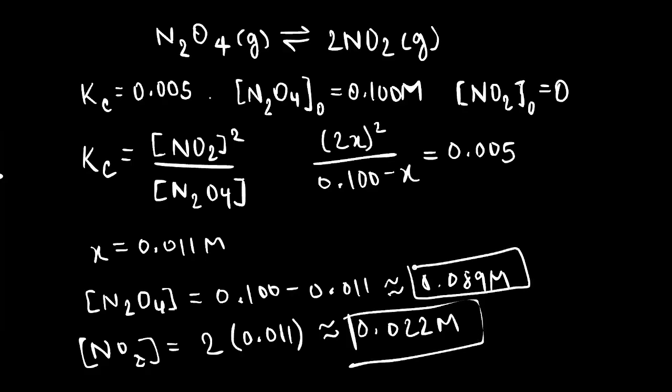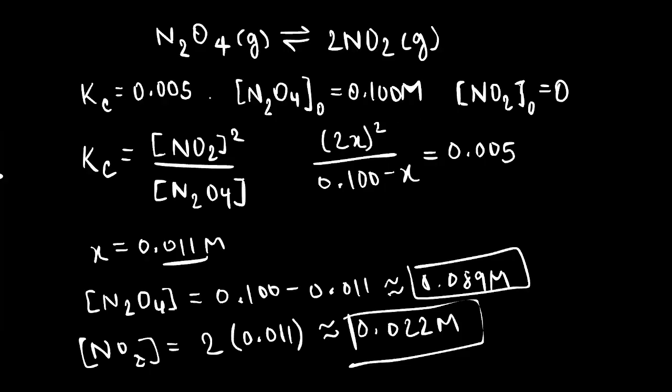But we are actually missing one step. When we're using an approximation, as we did in this solution, we need to compare our x value to the initial concentration. What that means is we have to compare this 0.011 to our 0.100 molar.